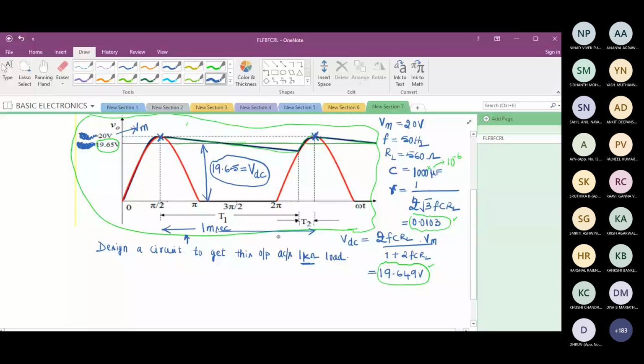See, slowly I'm raising the bar now. I'm teaching you how to design a circuit. So I'm expecting you to get this ripple across an appliance whose resistance is 1 kilo ohm. And I've given the period of the signal, 1 millisecond. Can you design it?